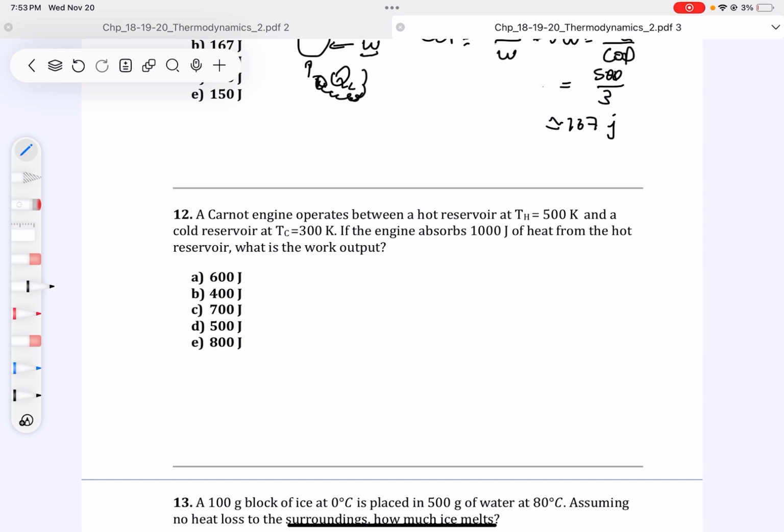A Carnot engine operates between a hot reservoir at TH and a cold reservoir. We are given TH, TC. If the engine absorbs 1000 joule of heat from the hot reservoir, what is the work output? Okay.